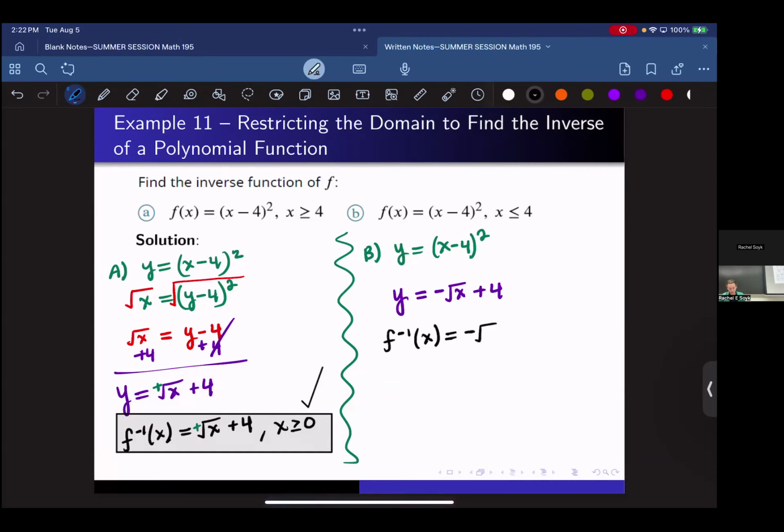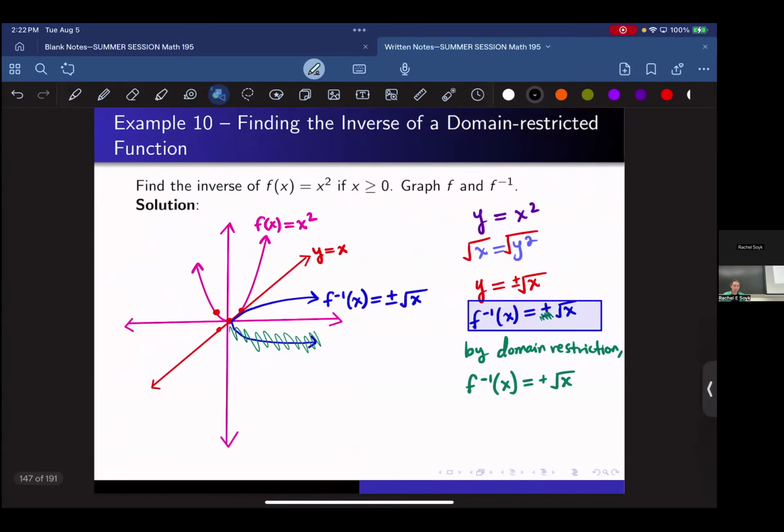Our negative square root of x plus 4, where x is greater than or equal to 0. Again, from a visual standpoint, I'll show you guys in a moment, and then I'll come back to this slide.